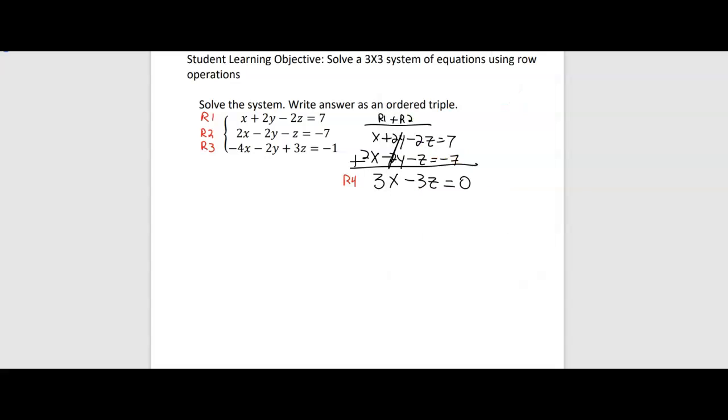Now what's special about row 4 is it doesn't have a y. If we had another equation that didn't have a y, we'd have a little 2 by 2 system, and those are easier to solve. So if we want to eliminate y again, we take a look originally, and if I do row 1 plus row 3, the y's will again eliminate. So let me reset up row 1 and then row 3.